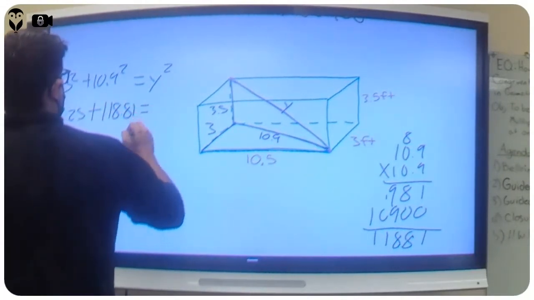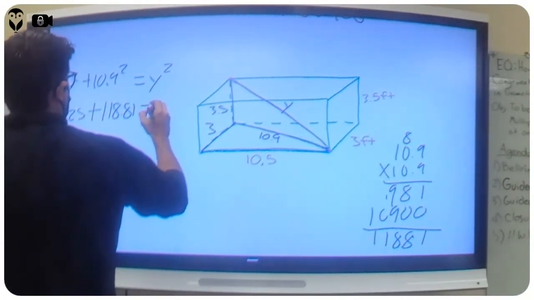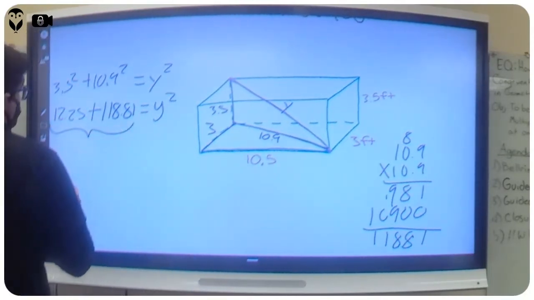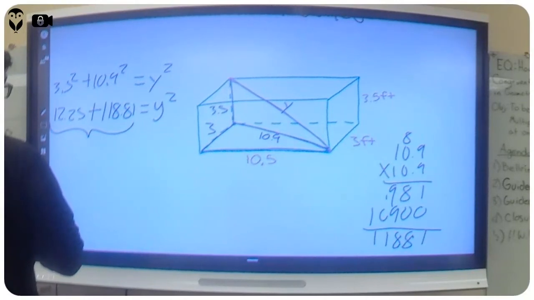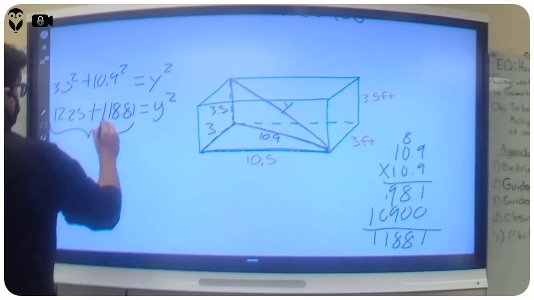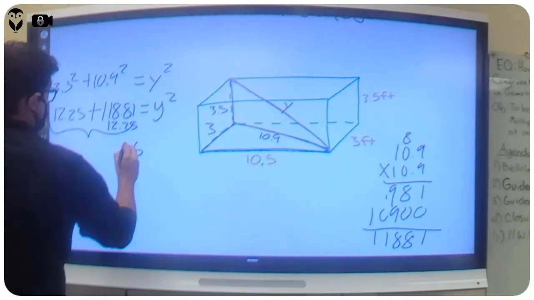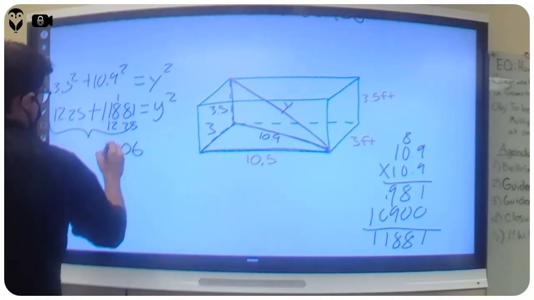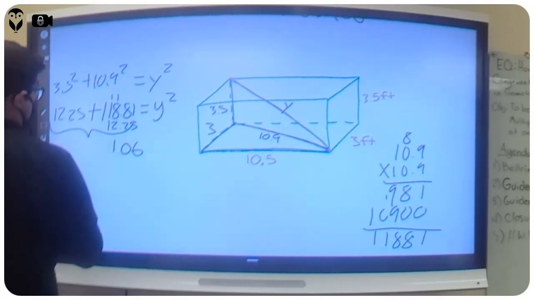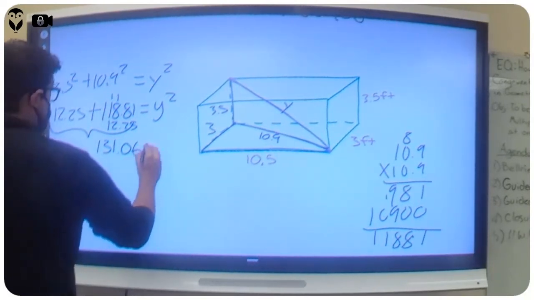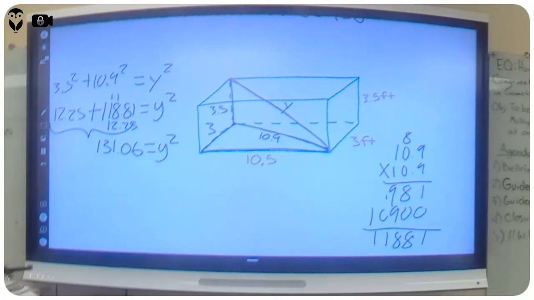So 118.81 equals y squared. I'm going to add these together, and I'm going to get 131.06 equals y squared. I have to square root both sides, and we'll have our final answer.